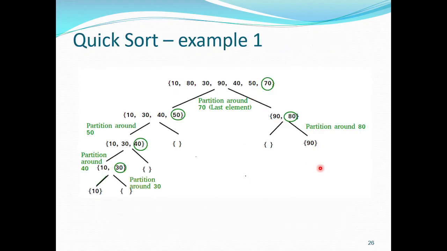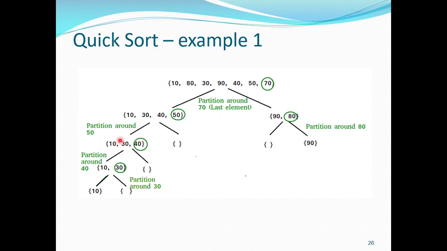Another example is that we take 70, the last element, as a pivot, and then take all the other elements: if less than 70, they will be moved to the left, and whatever is more than 70 will be moved to the right. On the left side, we apply the same concept. We need to identify the pivot, the last element, 50, which means 10, 30, 40 will be on the left side, and there's nothing on the right side.